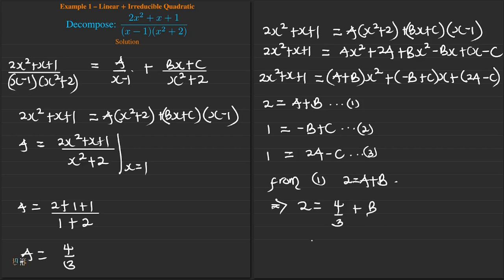So making b the subject, we have 2 minus 4 over 3, which should be equal to our b. Hence, our b is equal to 2 over 3.